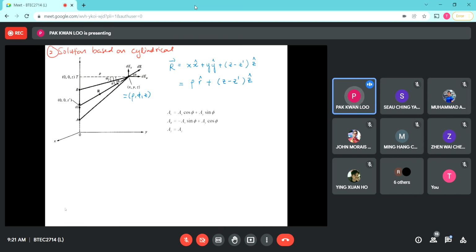I just copied the transformation for your easy reference. This transformation here is from Cartesian to cylindrical. We can see a index r, a index phi, a index z. All these indices refer to the radial component, the phi component, and the z component, and a of x refers to the x component, y component, and z component.